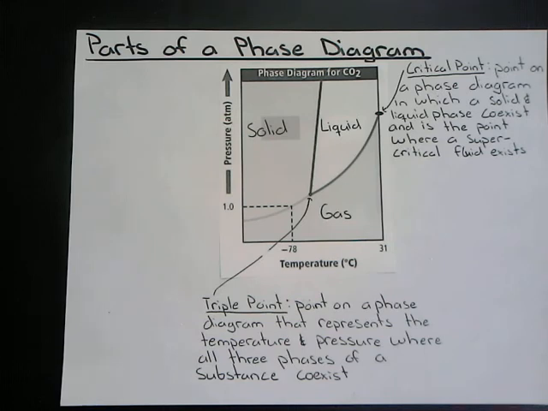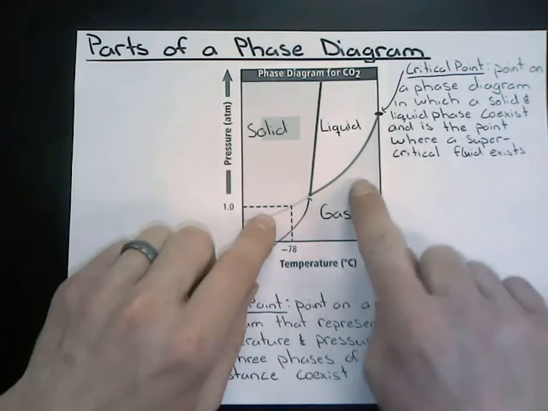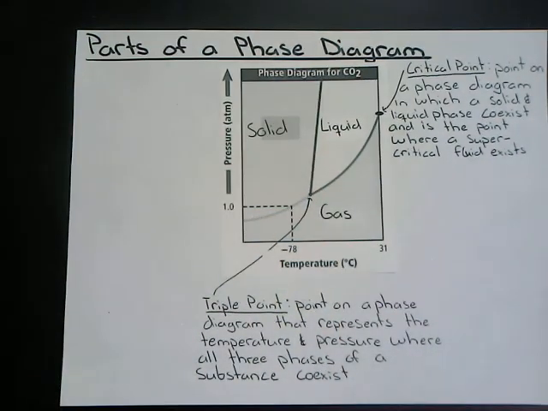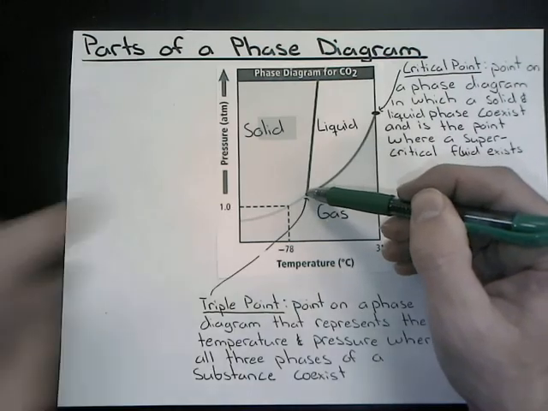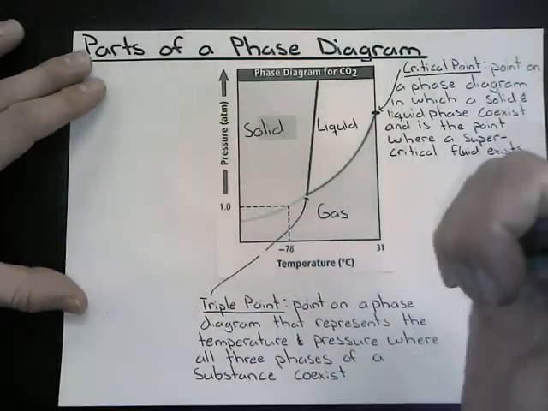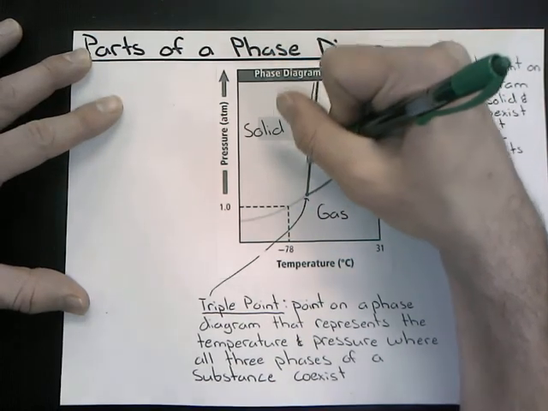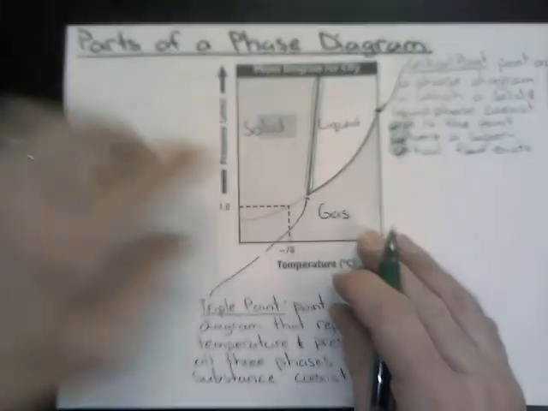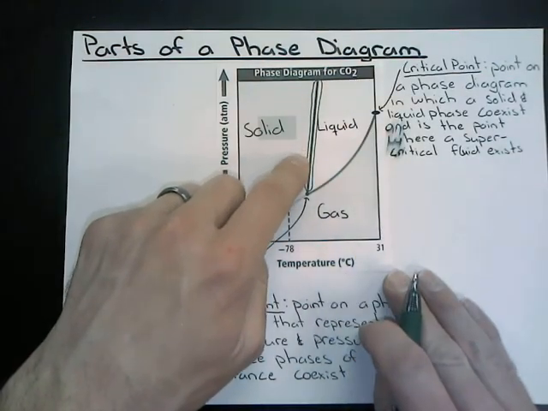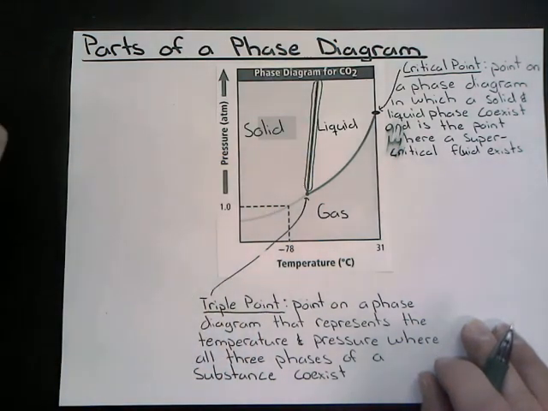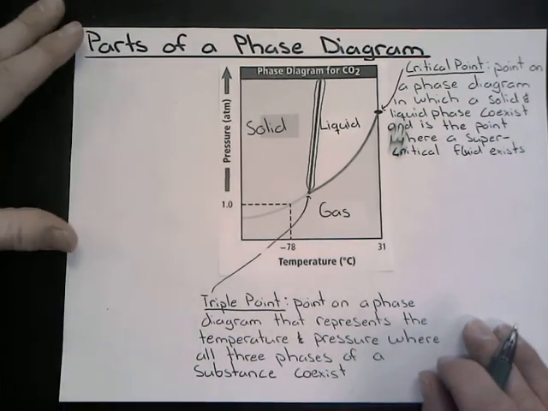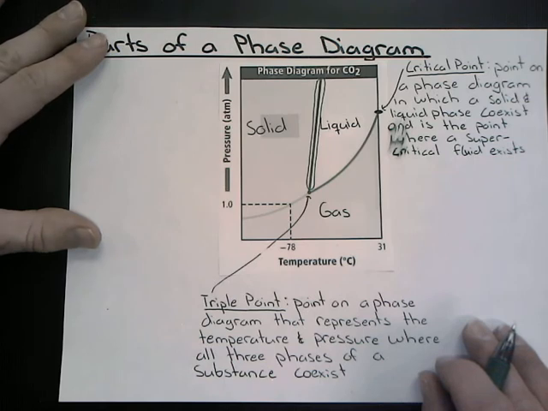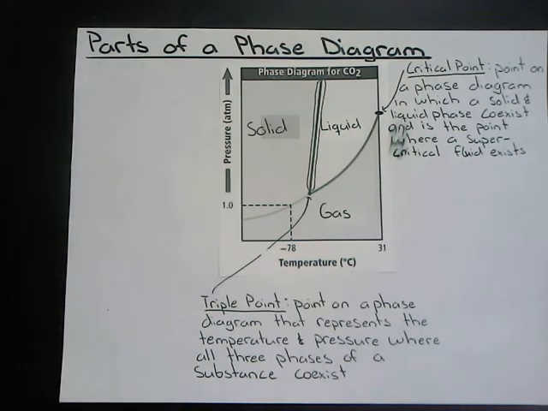Now I want to talk about 3 lines, and I know they're kind of hard to see in a black and white photo, but I'm going to highlight those with some different colors. So I'm going to start out here, and I'm going to circle this line from the triple point all the way to the top of the diagram. And so right here in green is the line that shows the temperature and pressure in which a solid and a liquid phase of a substance can coexist.